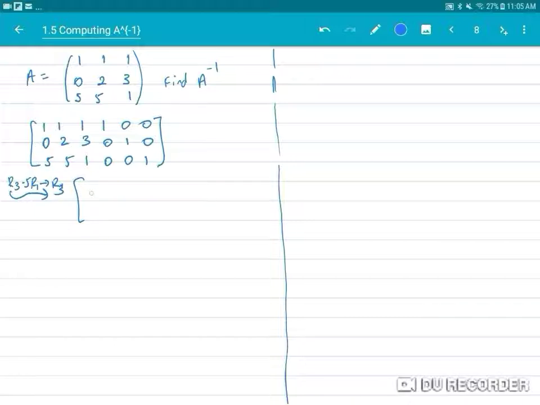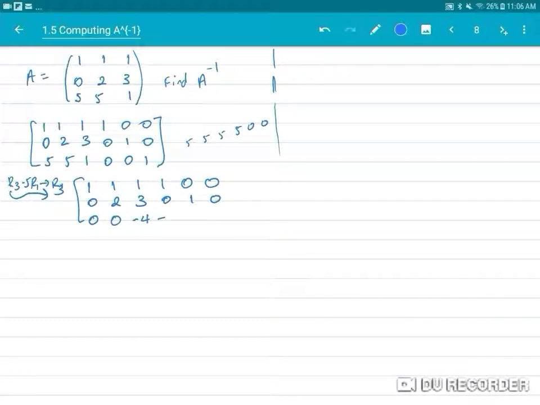I have 1, 1, 1, 1, 0, 0 and 0, 2, 3, 0, 1, 0. Multiplying the first by 5 gives 5, 5, 5, 5, 0, 0. Subtracting: 5 minus 5 is 0, 5 minus 5 is 0, 1 minus 5 is minus 4, 0 minus 5 is minus 5, and then I have a 0 and a 1.